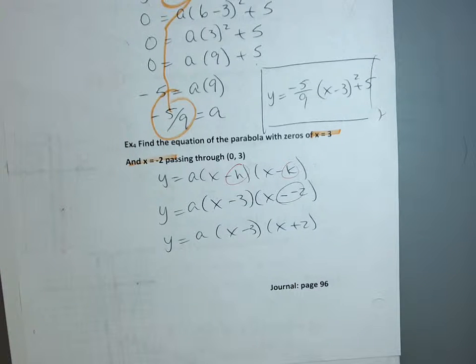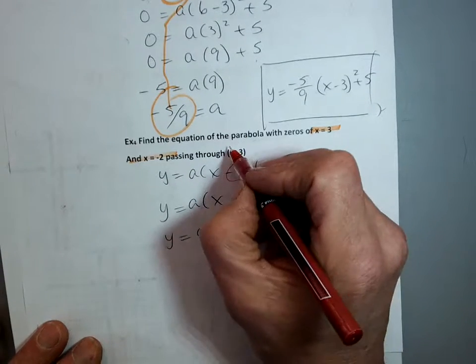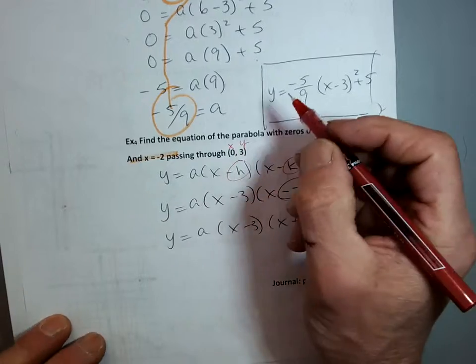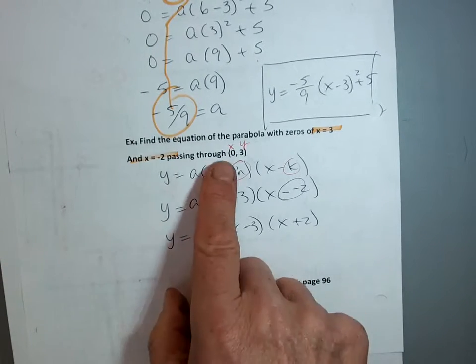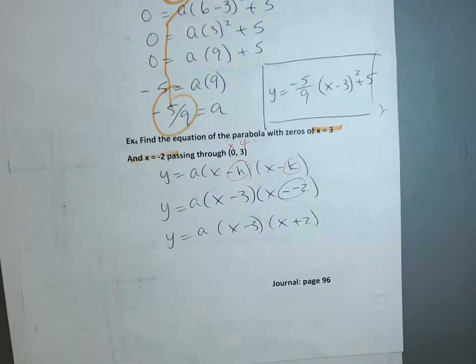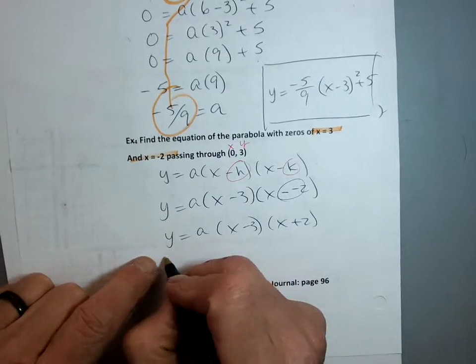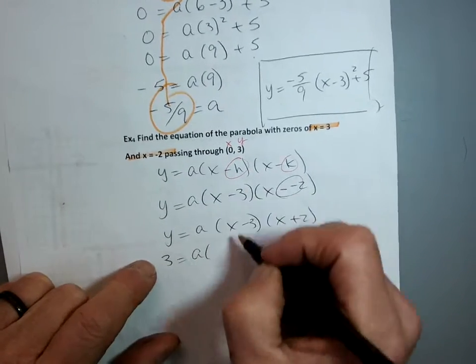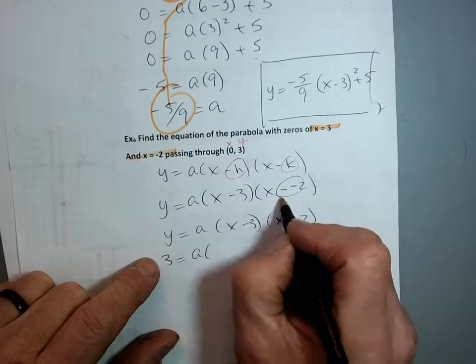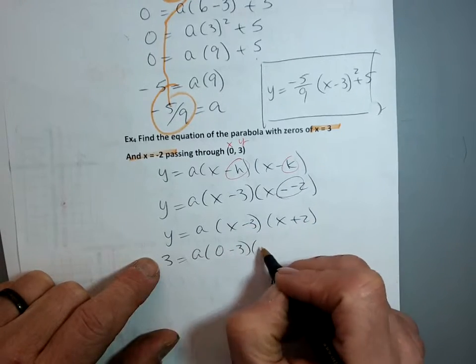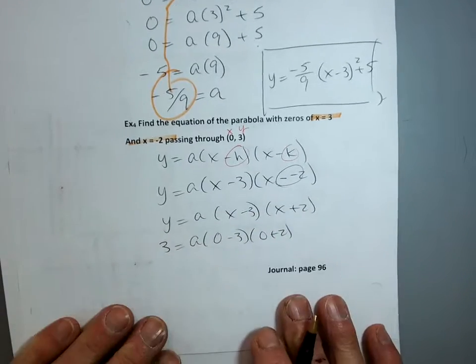Now, how do I find the value of a? Easy. Well, this is x, and that's a y. That's an x value and a y value. So I'm going to put 3 in for the y right there, and put 0 in for all of the x's. 0 minus 3 times 0 plus 2. How am I doing?